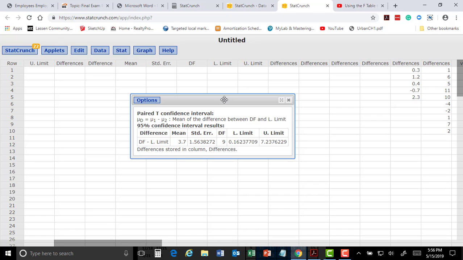Oh, there's a 7.48, but that's not it. And it's 0.16. Degrees of freedom is 9. That's right. Let's see. Okay, the reasoning is that the mean difference between before and after.